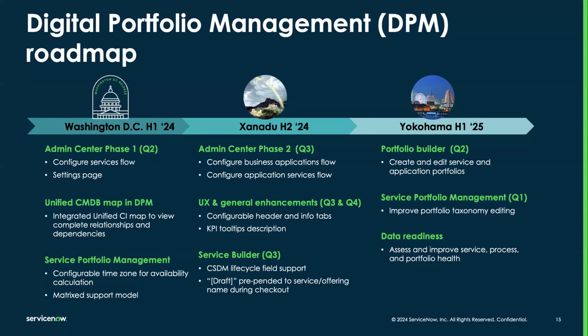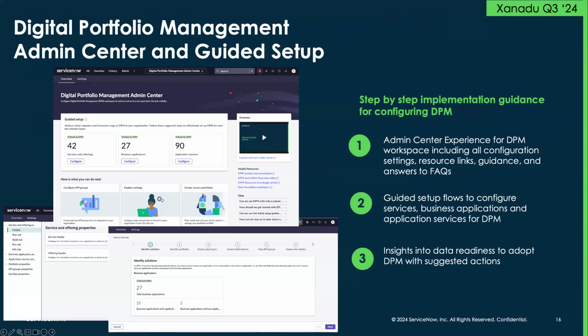All right, we've got a couple little snapshots here. We're going to go through the next one, Nikita. This one is the Admin Center, right? Hopefully you're using it. It's been out since June, and there have also been extra versions added to it with more capabilities. Like we talked about, the Admin Center is where you get your guided setup.